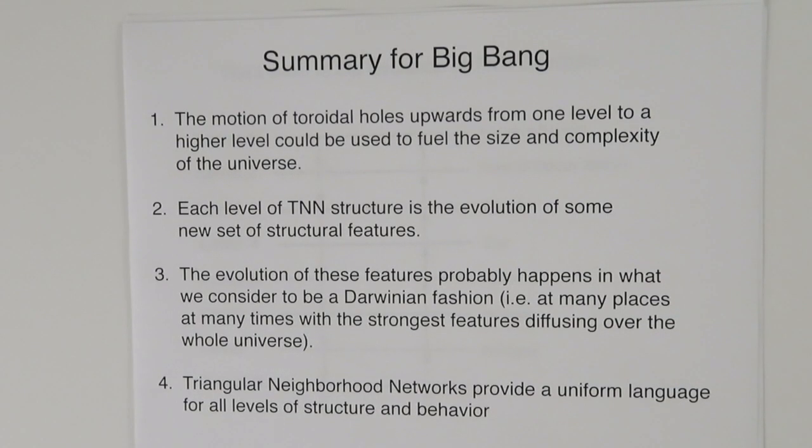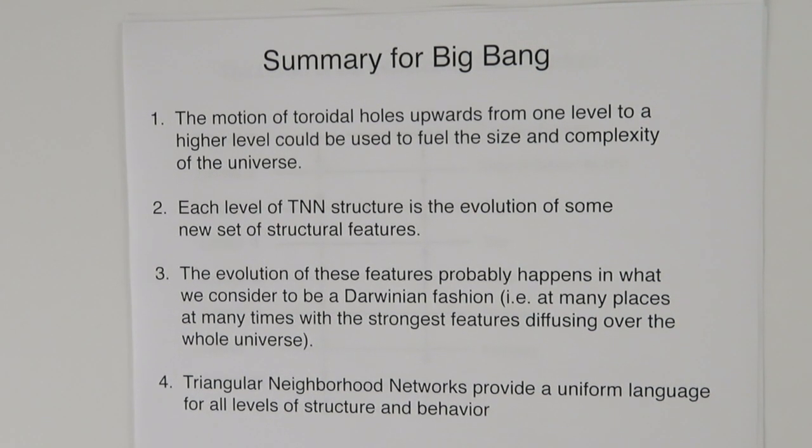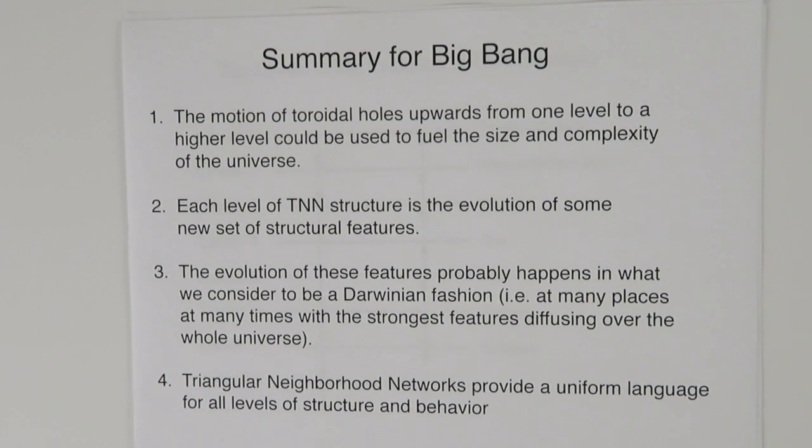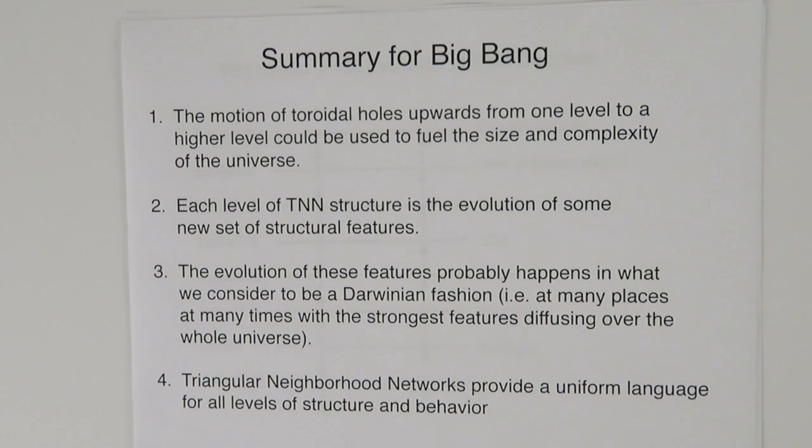This slide summarizes the features of the triangular neighborhood networks in relationship to the Big Bang. The motion of toroidal holes upwards from one level to a higher level could be used to fuel the size and complexity of the universe. Each of these levels of the TNN structure is the evolution of some new set of structural features.